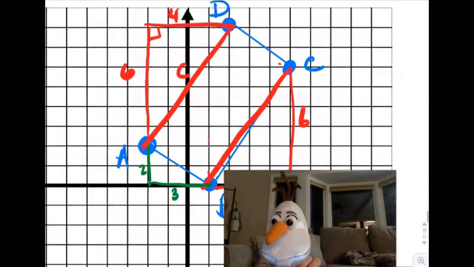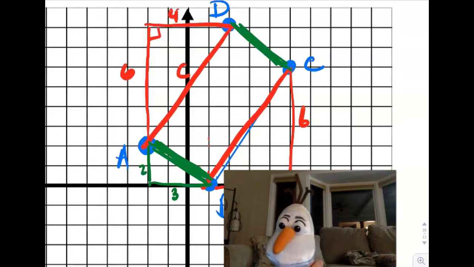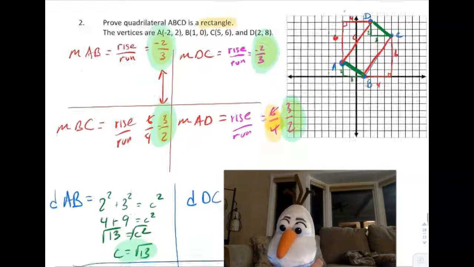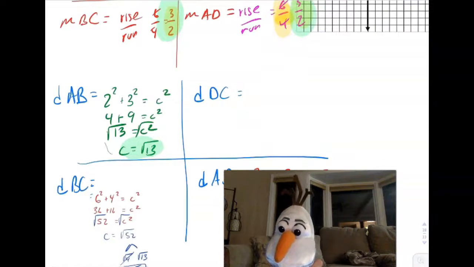So predict again, what other side is going to be that same length? Well, obviously this one. So DC is also going to have a triangle of 2 and 3, which basically means you're going to have exactly the same work here as you did here.